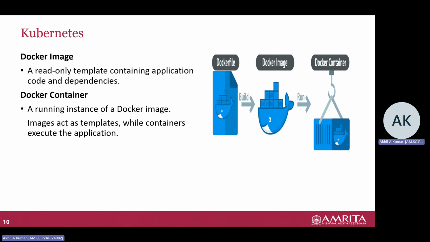Kubernetes is an open source container orchestration platform. It automates the deployment, scaling, management of the containerized applications. So because of these reasons, Kubernetes is widely used in large distributed systems where thousands of containers need to be managed across multiple servers.